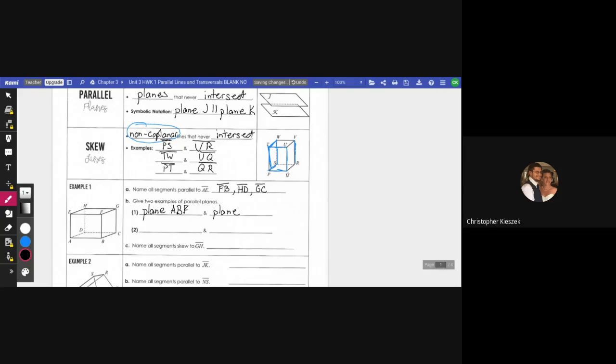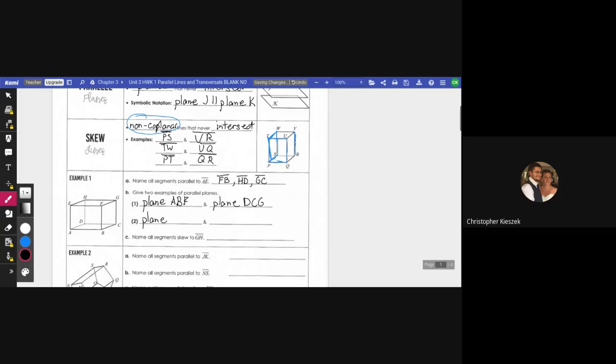So plane DCG. And if I was to pick another side here, let's pick the left side, plane ADH. Is parallel to what? That would be the right side of the box. Plane FBC.